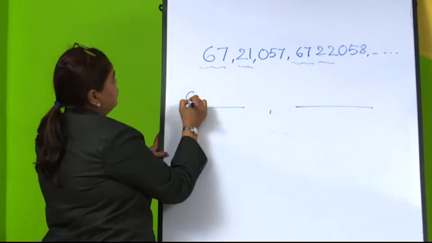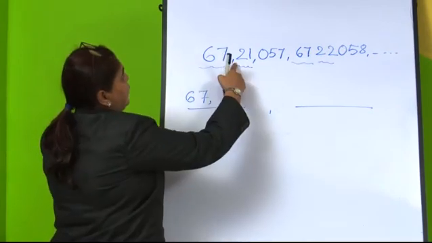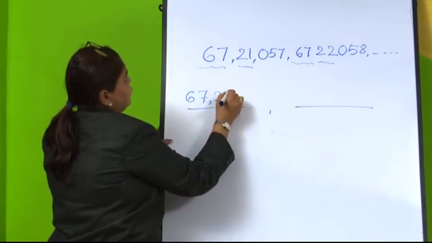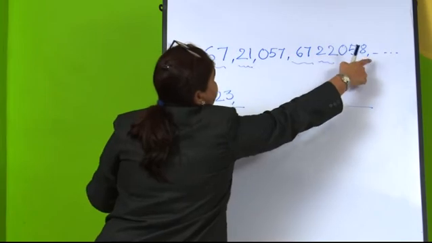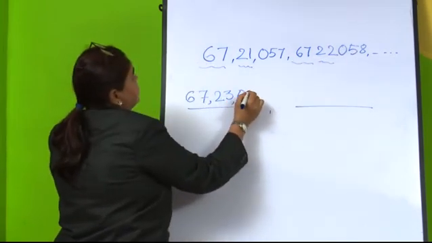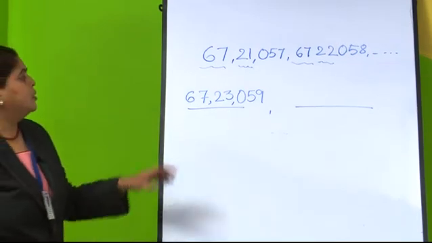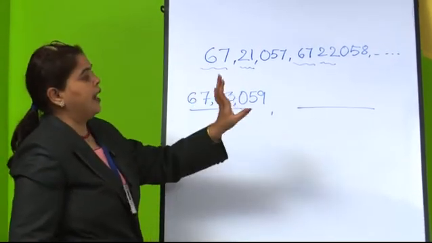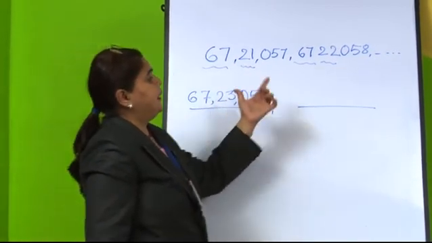So, what will I do? 67, I will insert the comma. After 21, 22, I will write 23 and 057, 058. So, here will be my 059. Yes, you are right. So, what have I done? I just saw the place values and completed the pattern.